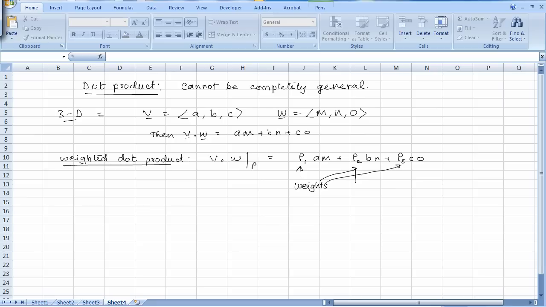For example, I could do 3 AM plus 2 BN plus 1 CO. I can do that, right? That's also a dot product, except that it weighs all the terms differently, and it's possible.